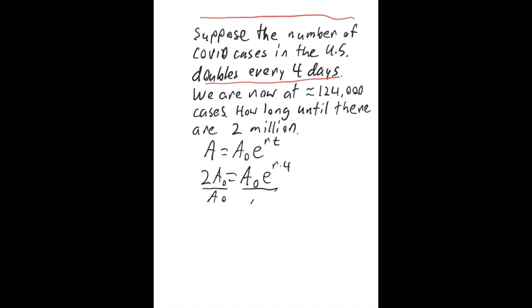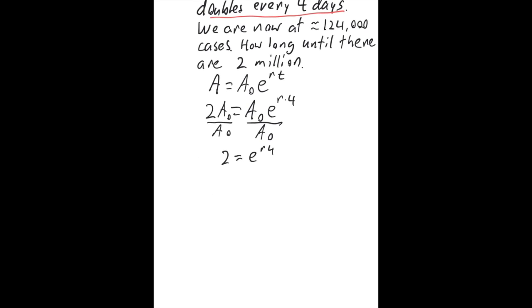First divide by A0. 2 will be equal to e to the r times 4. All right, just like before, let's change to logarithmic form. Natural log of 2 will be 4r. And so r will be the natural log of 2 divided by 4.